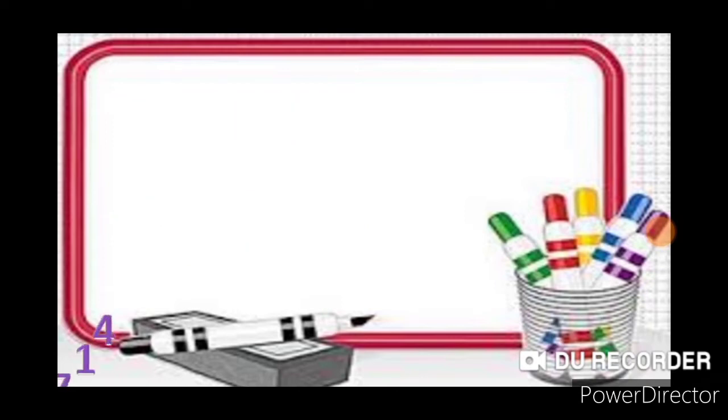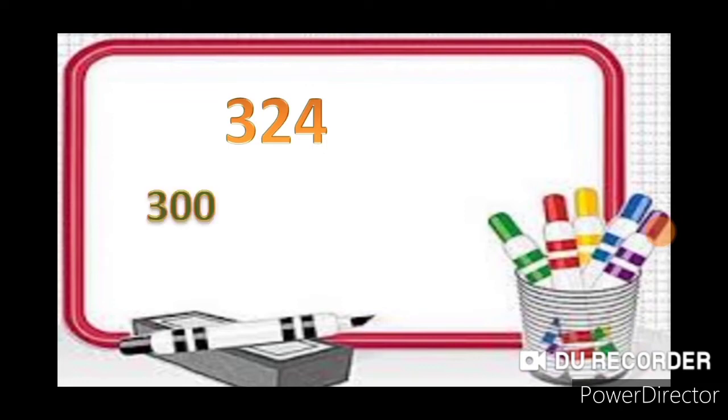For better understanding, let's see one more number. The number is 324. This number is in standard form. We need to write this number in expanded form. Let's start with looking at 3. 3 becomes 300 because 3 is in the hundreds place. So we will write 300.